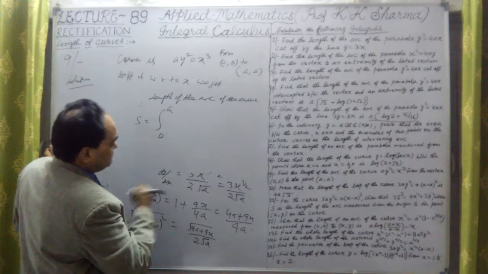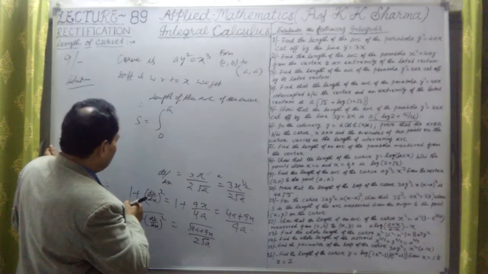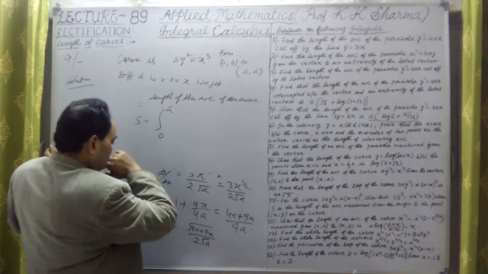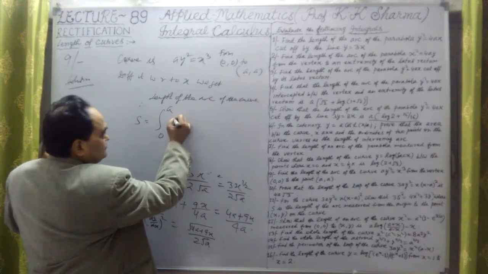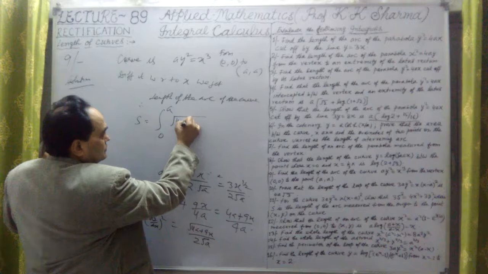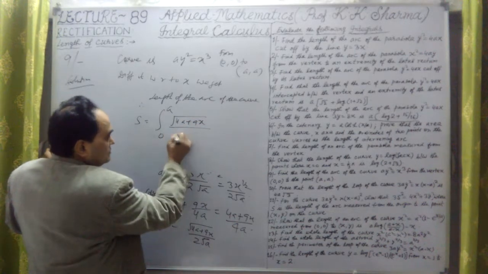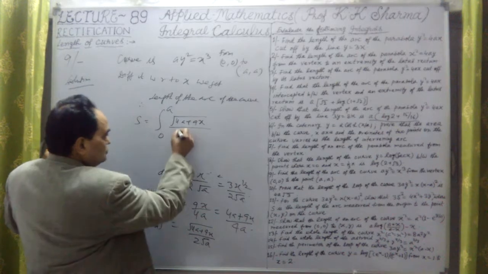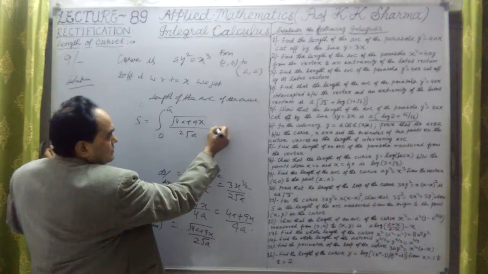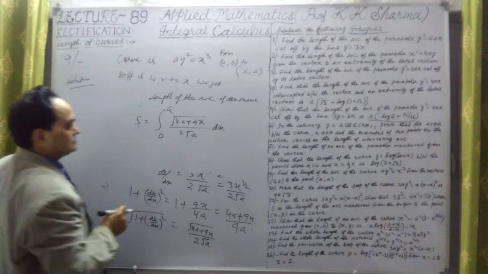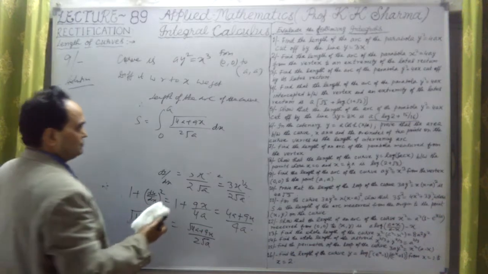So 0 to a, the same 0 to a in the case of y also. It is this value, square root of 4a plus 9x divided by 2 under root a, into dx. We have to integrate this value.